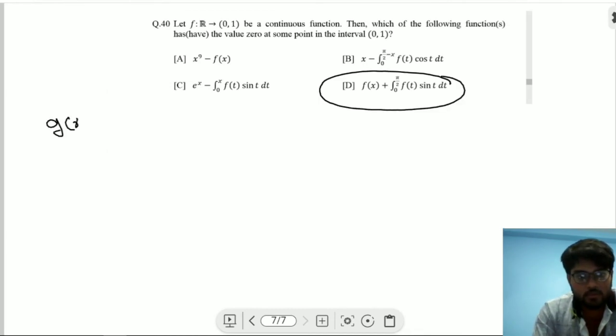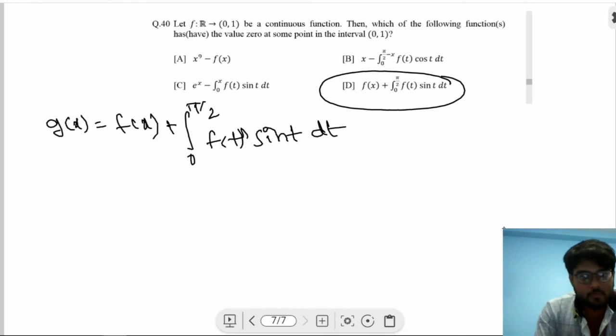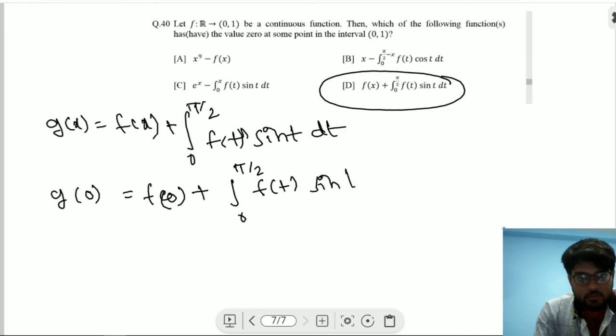So we'll take g(x) equals f(x) plus the integral from 0 to pi by 2 of f(t) sin t dt. Now g(0) equals f(0) plus the integral from 0 to pi by 2 of f(t) sin t dt. Again this value lies between 0 and 1, so this is obviously positive, and the maximum value of this will be pi by 2.